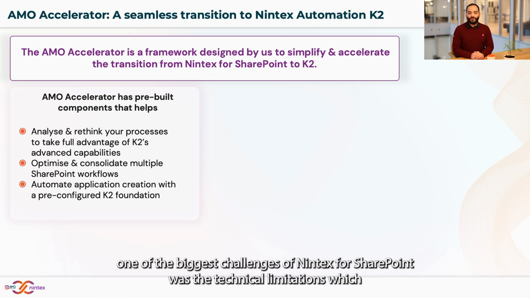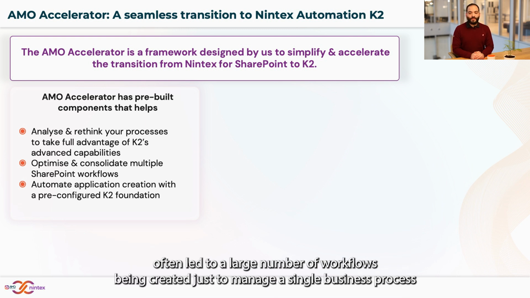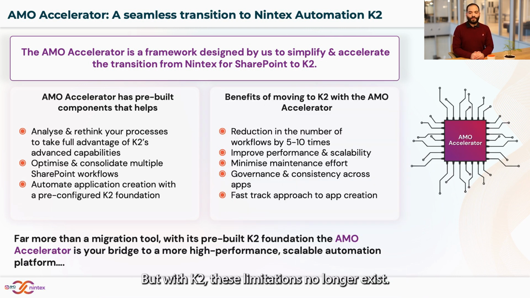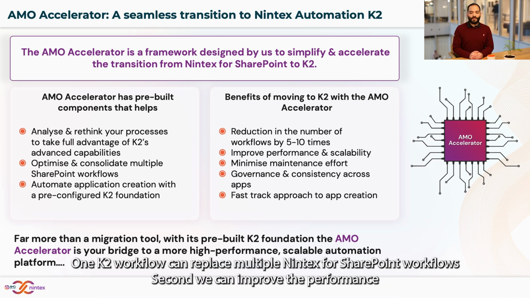One of the biggest challenges with Nintex for SharePoint was the technical limitations, which often led to a large number of workflows being created just to manage a single business process. This resulted in increased complexity, heavy maintenance, and scalability issues. But with K2, these limitations no longer exist. So this means we can, first, reduce the number of workflows by a factor of 5 to 10. One workflow can replace multiple Nintex for SharePoint workflows.